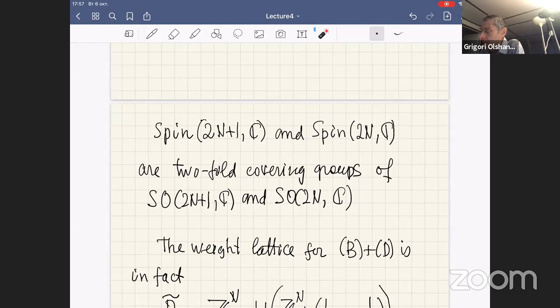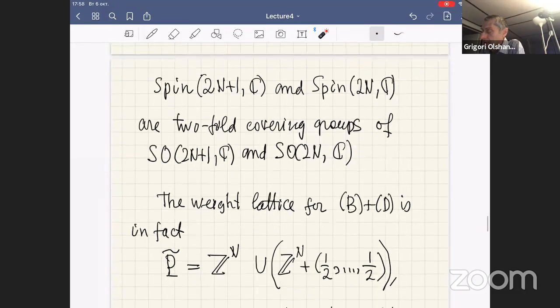Anyway, this group exists, but in small dimension it's not true that these two-fold covering groups are universal covering groups, but essentially it's true for almost all n. So these are already simply connected groups. Okay?